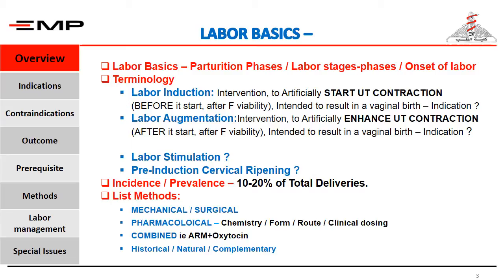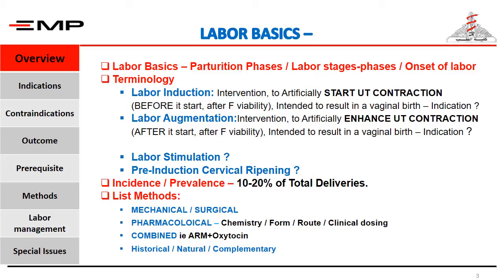The indication of either will follow. Labor stimulation is synonymous to labor augmentation, yet it is used by some to denote natural method or stimulation of uterine contraction after rupture of membranes, believing that with rupture of membranes, labor has already been started.